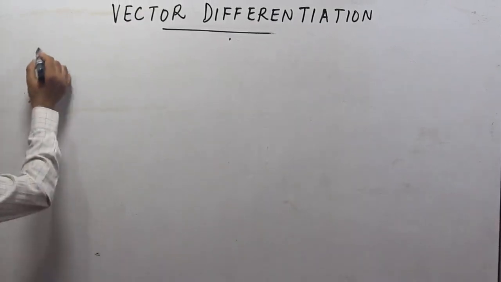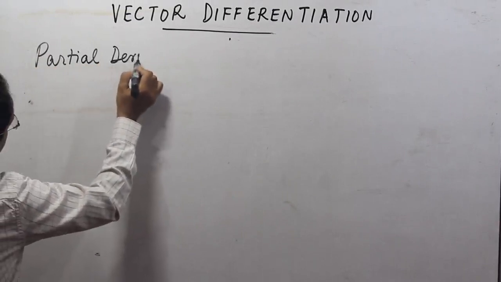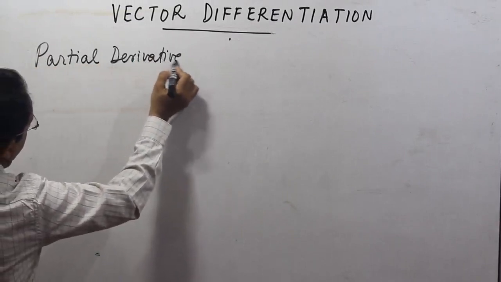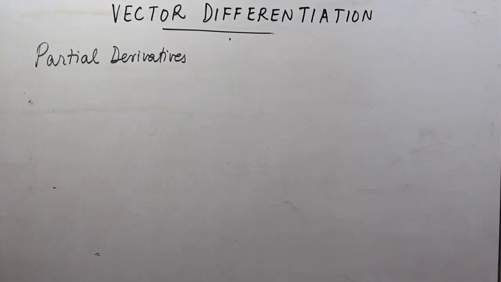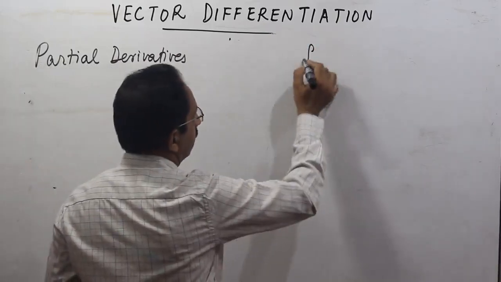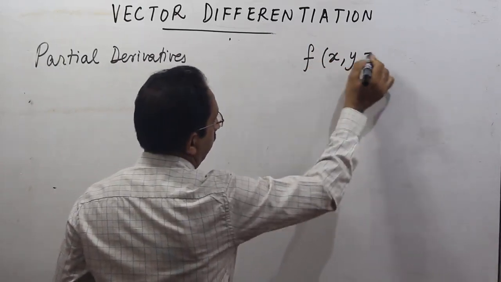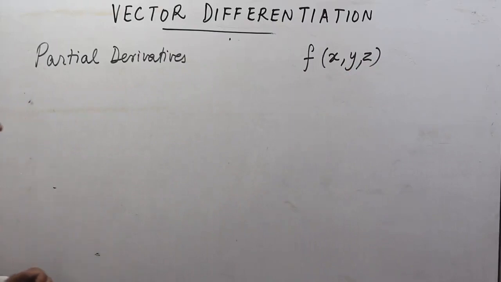We can talk about the partial derivatives of vectors. In a partial derivative, we think of a function of more than one variable.